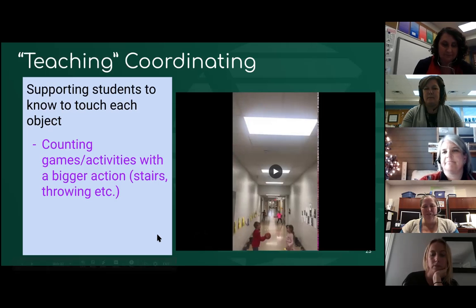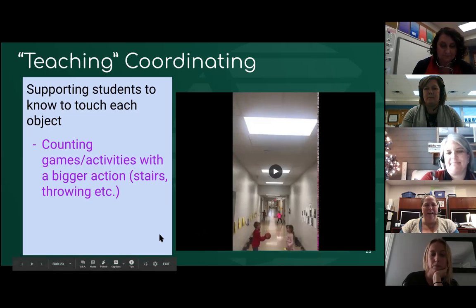Awesome. So that action, that motion, it's a big motion, and then they're really having to attend to the coordination between the word and the action to help them out.